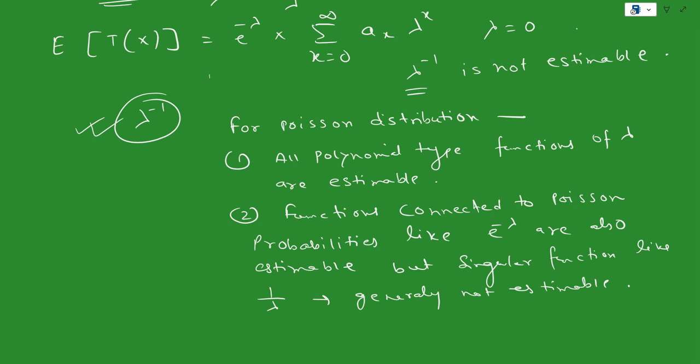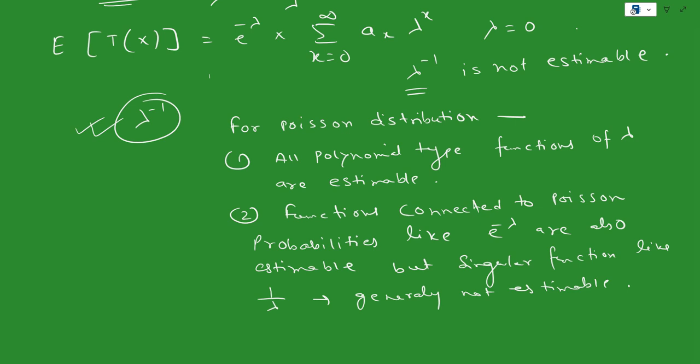Why? Because expectation from Poisson cannot generate the negative powers of lambda. Expectation in the Poisson distribution is like a Lego factory. It can build one, lambda, lambda square, lambda cube, but suddenly, if you ask for one by lambda, the factory says, brother, this part was never manufactured here. So, not estimable will be lambda inverse.